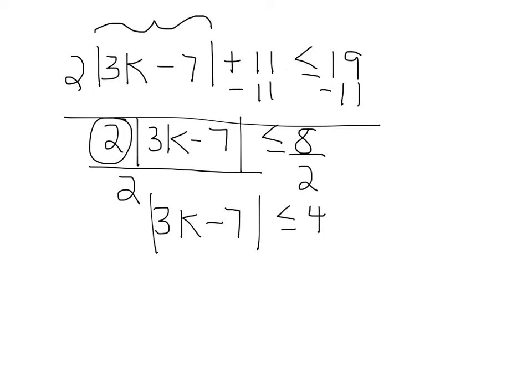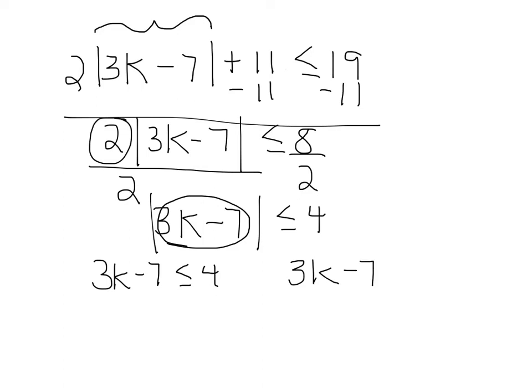Now, I know that if something has an absolute value less than or equal to 4, then that something is less than or equal to 4 and that something, and notice I say and because it's going to be a conjunction, is greater than or equal to negative 4.